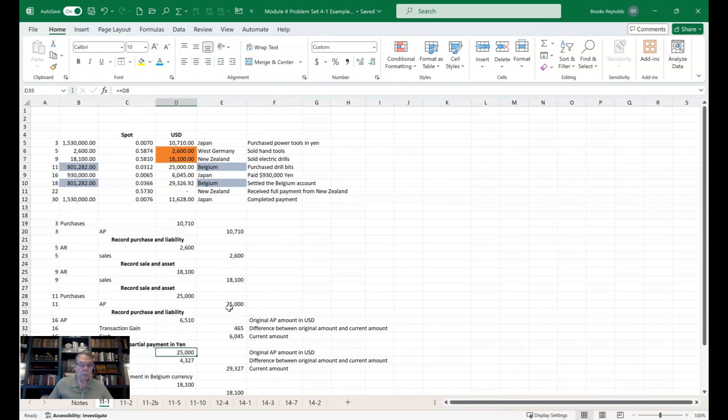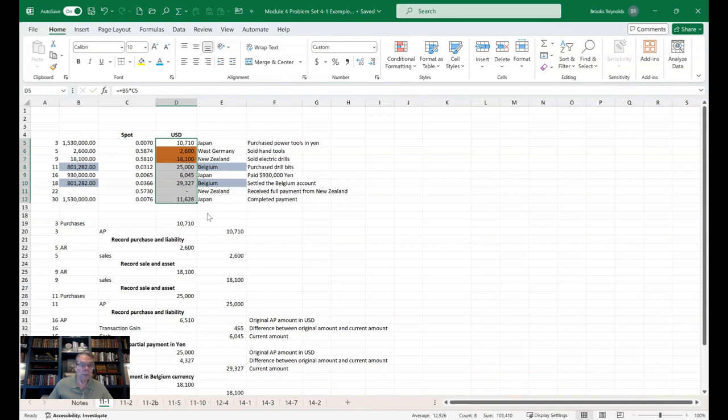Now we're going to record the payment of the Belgian currency. So the Belgian currency, of course, we booked for $25,000. So we're going to get rid of the AP for $25,000. But the Belgian currency is going to be 29,327.